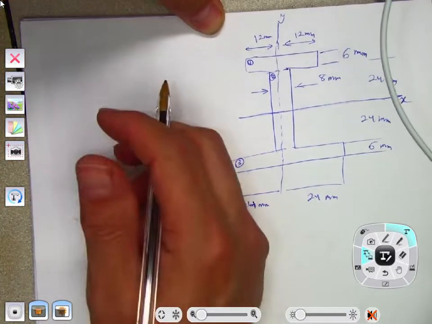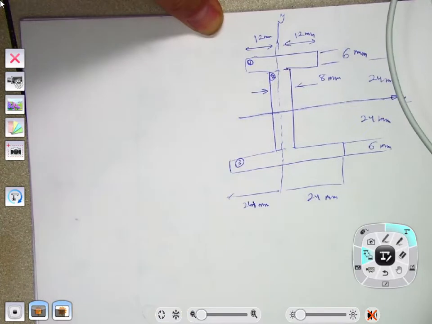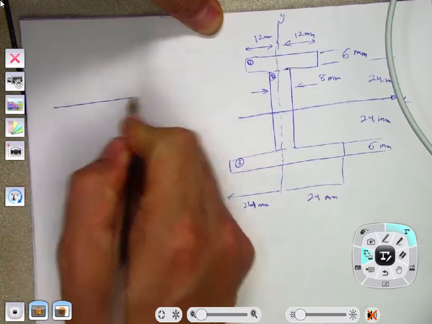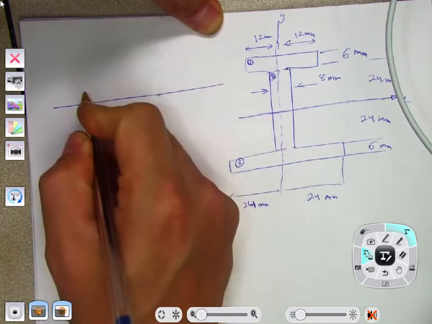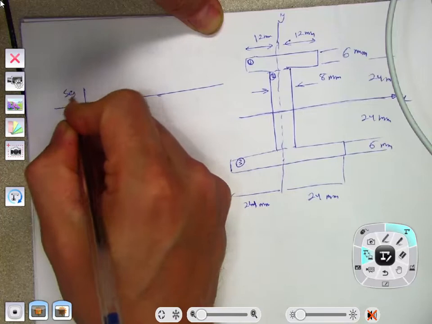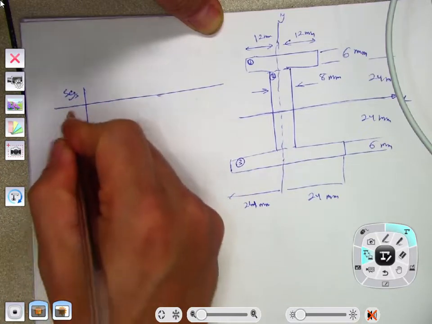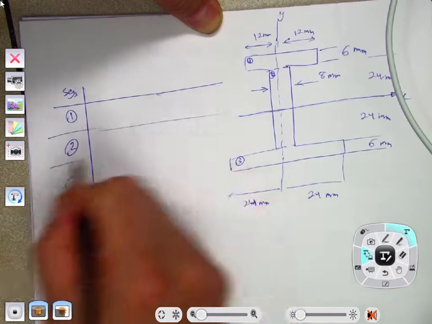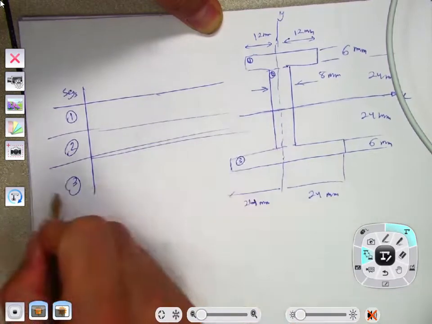Then piece by piece we have to find the moment of inertia, and then add them up, right? So segment 1, segment 2, segment 3, right?